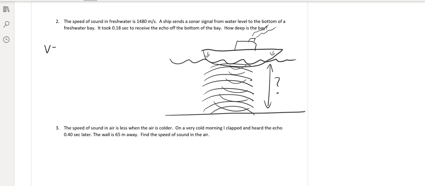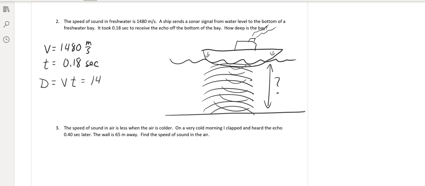So we have a velocity of 1480 meters per second and a time of 0.18 seconds. The distance that the sound wave could go in that amount of time would be velocity times time.